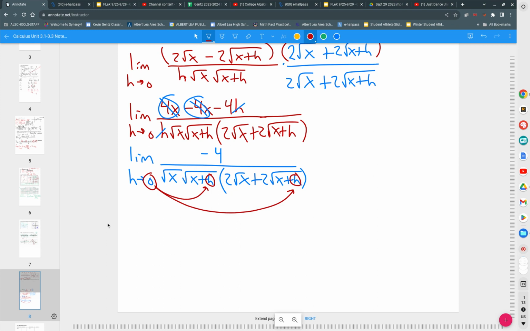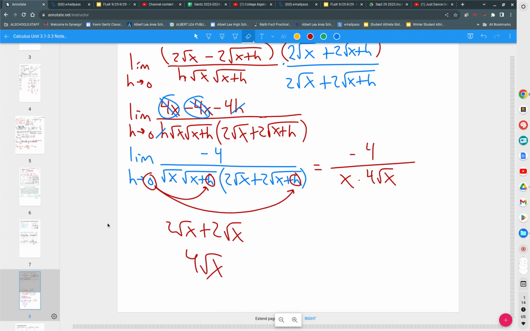And so you have a -4 over, what's the root of x times the root of x? X. What's 2 roots of x plus 2 roots of x? 4 roots of x. So here I have 2 roots of x plus 2 roots of x. That makes 4 roots of x.